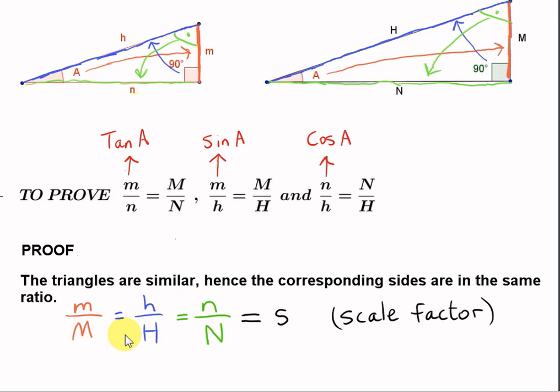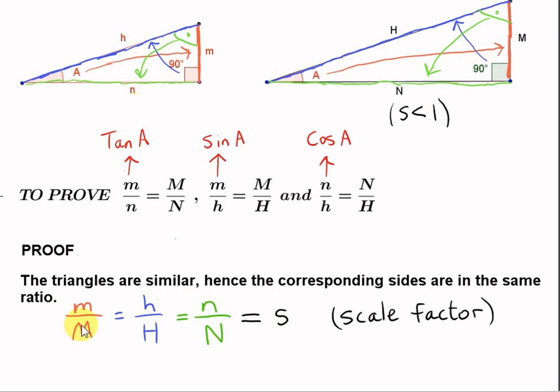Now we could call these ratios S. I'll give them a name. They're all the same. S in this case will be a number less than 1, because little m is less than big M. So the numerators of these fractions are less than the denominators. So S is sometimes called a scale factor, although in this case, because S is less than 1, we're really talking about scaling down this big triangle to this smaller triangle.